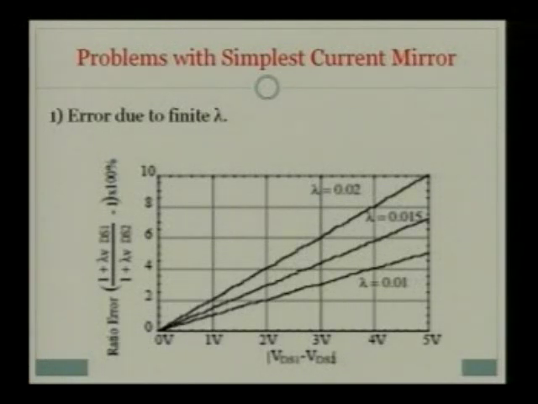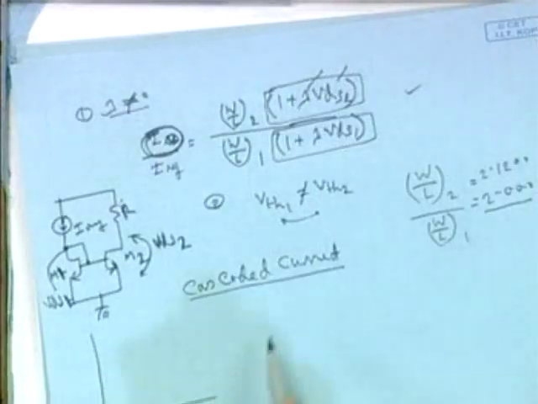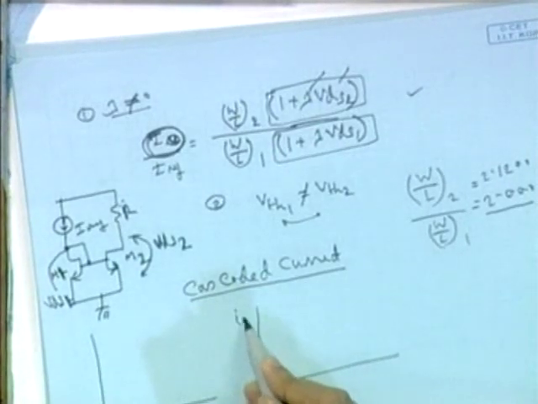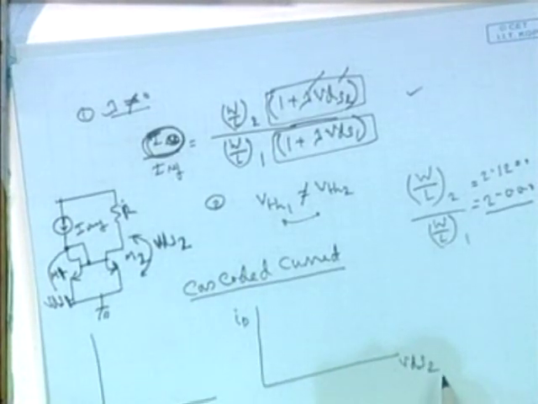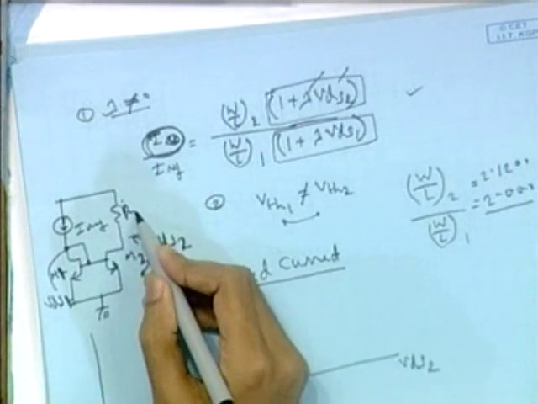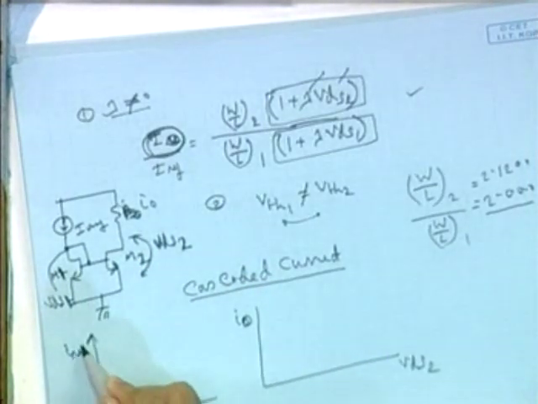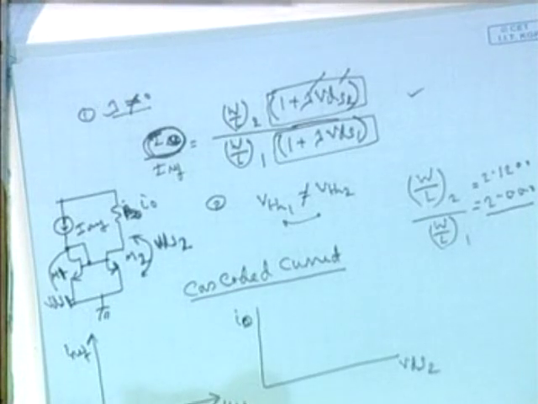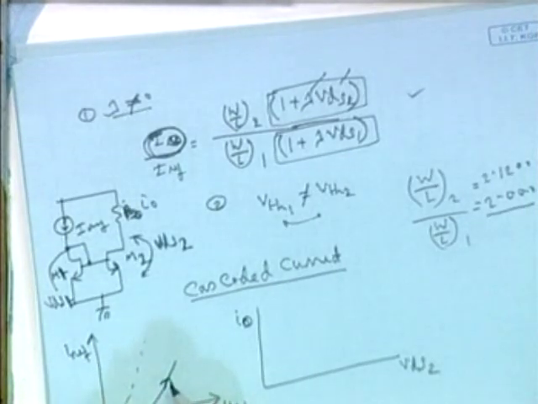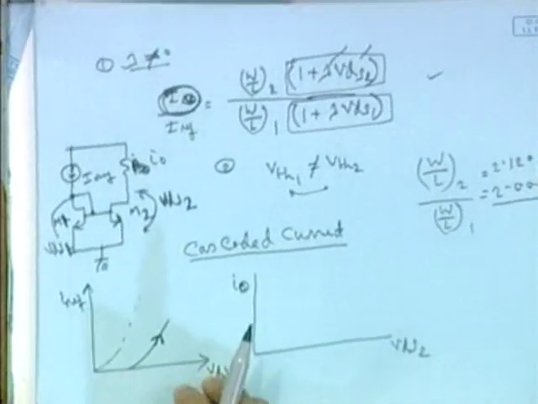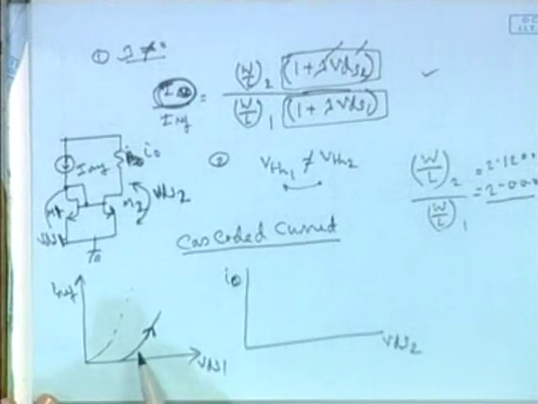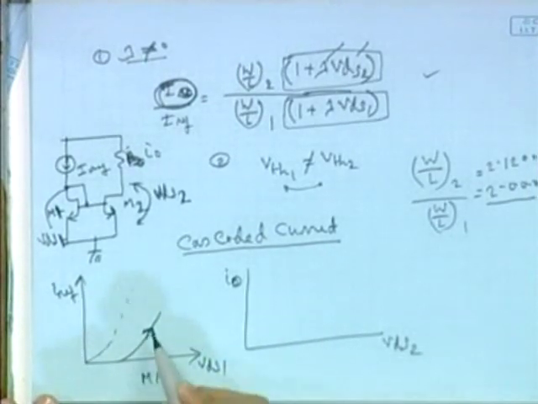Also, one thing I would like to mention here: for the simplest current mirror, just note how the operating points move on their respective ID-VDS planes. This is ID versus VDS2, call it I0, and this is IREF versus VDS1. Since M1 is drain-to-source connected, this is our boundary, so M1 will follow this path.